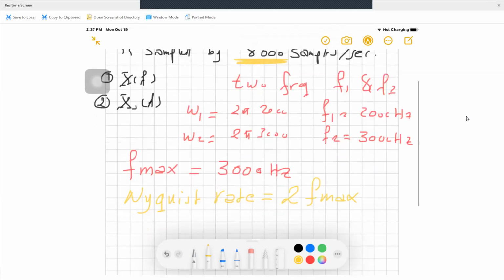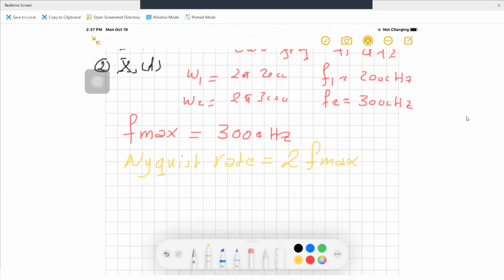So what will be the Nyquist rate for this problem? It will be 2 multiplied by 3,000, and it will be 6,000 or 6 kilohertz. Is it clear for you or not? Yes, it's clear. Good.